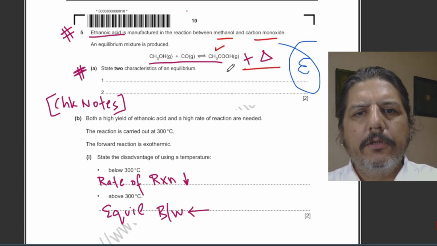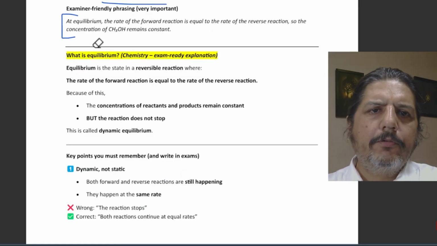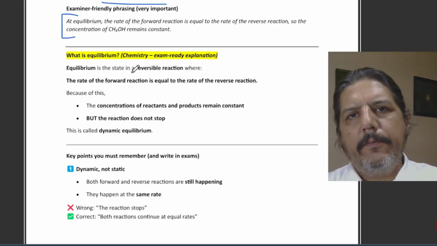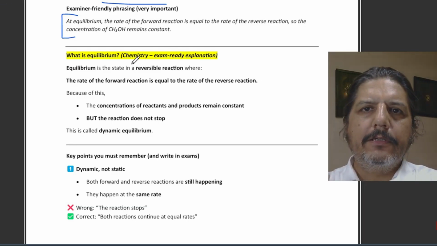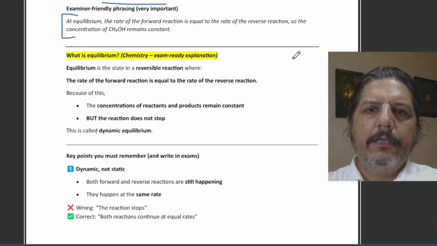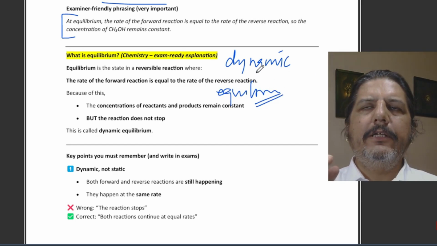So two characteristics of the equilibrium, we have discussed this before. There's a fundamental thing that you need to understand about equilibrium: in the textbook they write it as dynamic equilibrium. What it means by a dynamic equilibrium is it is not as if the reaction has stopped.